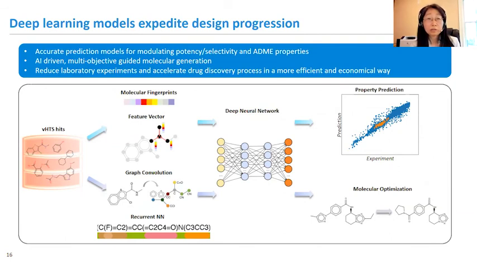The deep learning models can be built on molecular fingerprints or feature trees or graph representations, even on the SMILES strings.